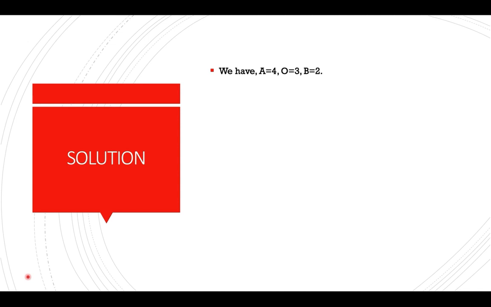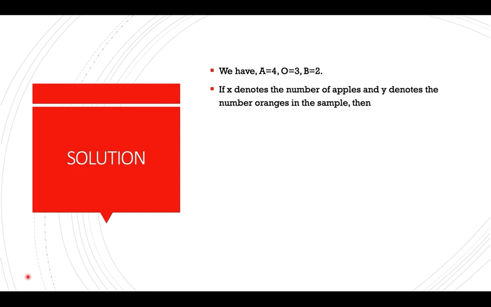Okay, so inside the bag we have 4 apples, 3 oranges, and 2 bananas. And then we denote x as the number of apples, and y denotes the number of oranges in the sample of 3.